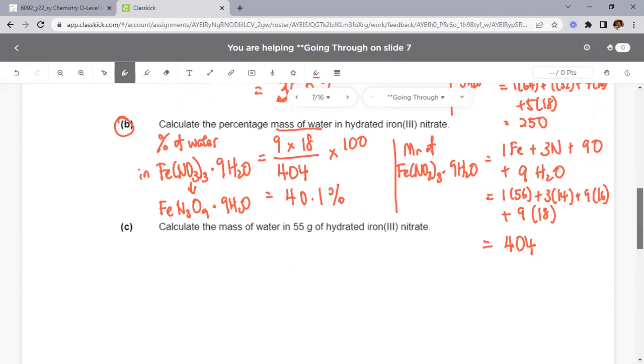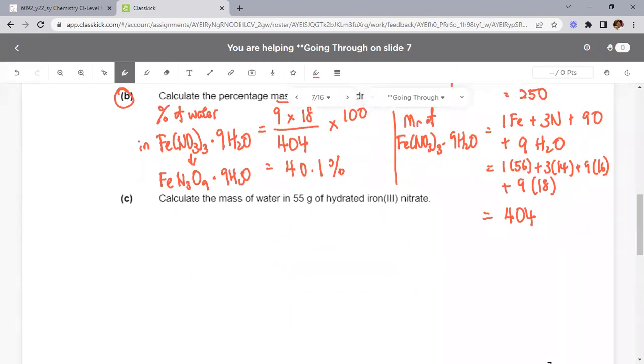Now, part C actually is an application of your percentage by mass. Okay, percentage mass. Now, because what you have done is you realize you have calculated 40.1% of the particle by mass is water. So now if I know that there's 55 g of hydrated iron 3 crystal, can I find the mass of water? Answer is yes.